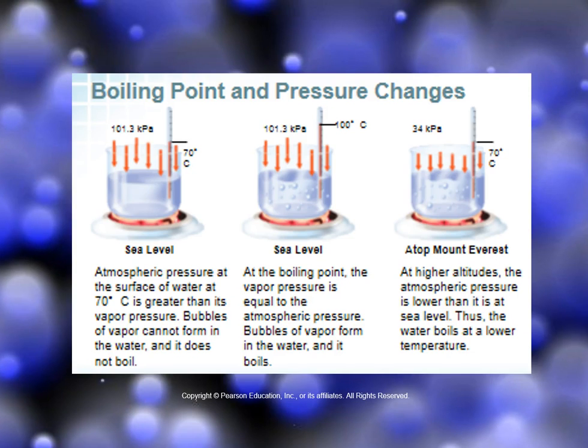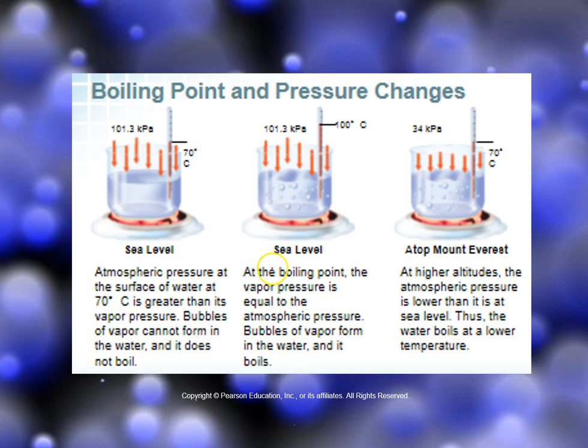We have sea level, and we're at 70 degrees Celsius. At sea level, there isn't enough vapor pressure exerted by the liquid, so bubbles of vapor can't form inside the water, and it's not going to boil because the vapor pressure is less than the atmospheric pressure.